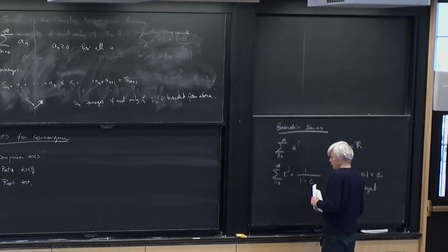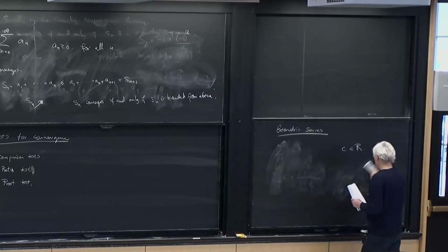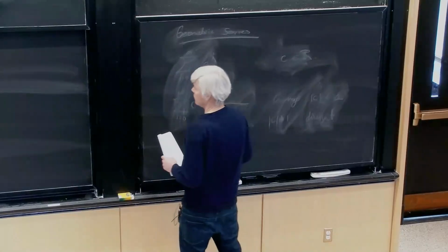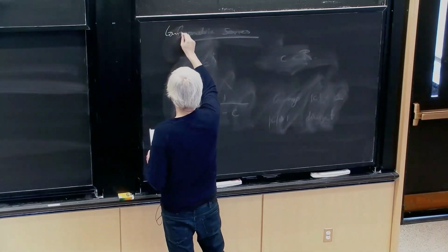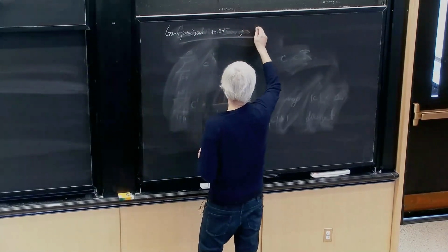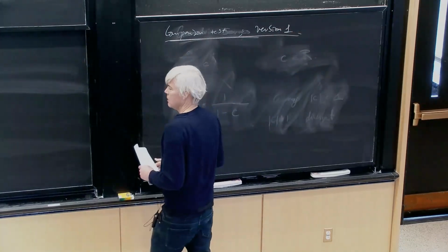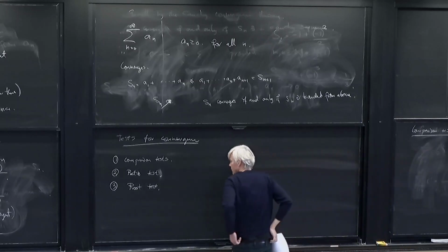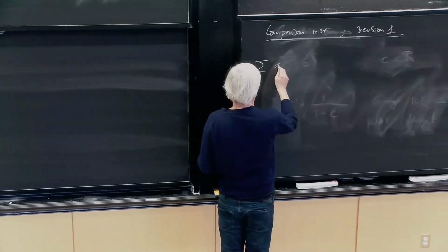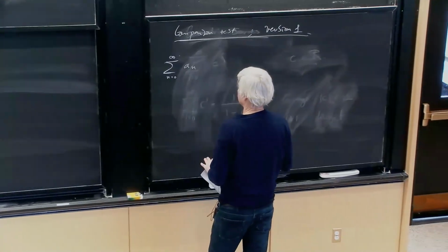There are two versions of this. The first version of the comparison test is the following: imagine that you have two series, a_n and b_n. We talked about this last time, but let me say a few more words.